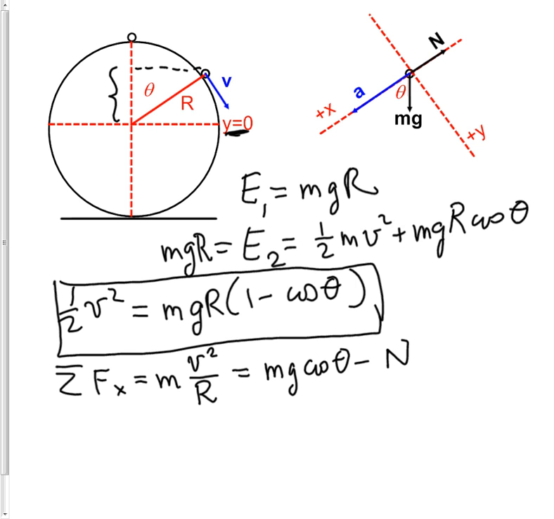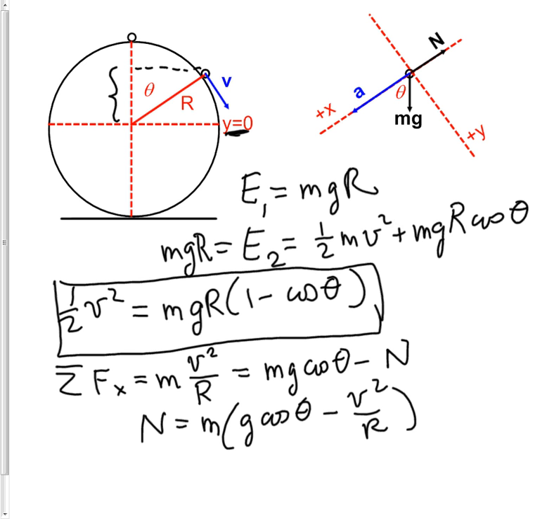So let's have a look at what n is here. n is equal to m times g cosine theta minus v squared over r.